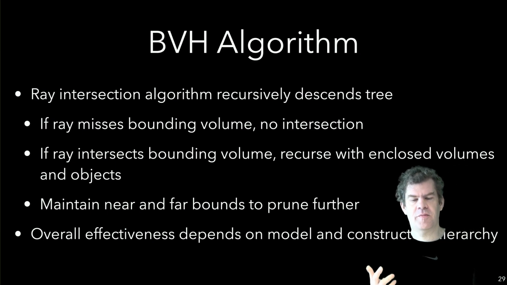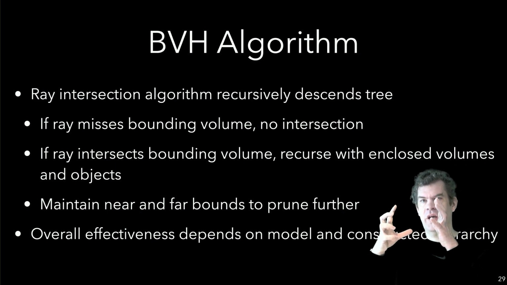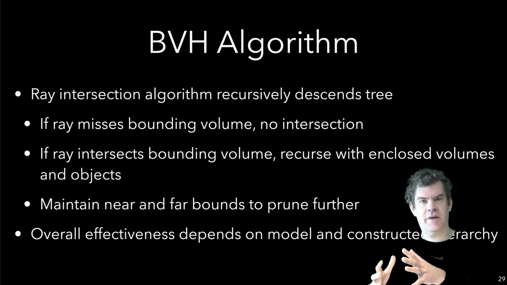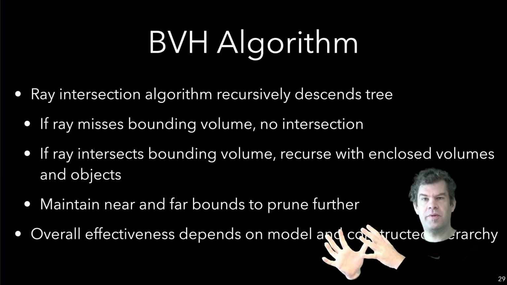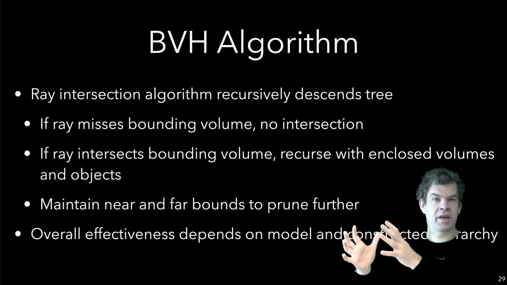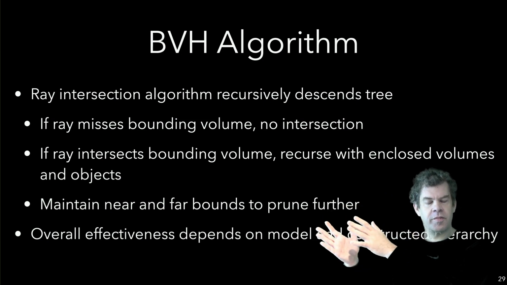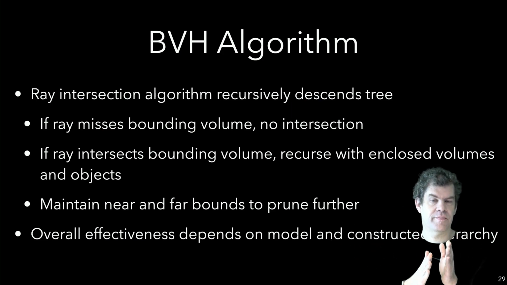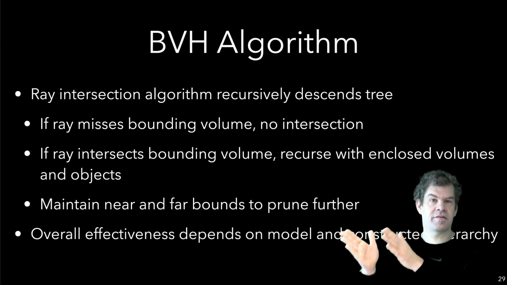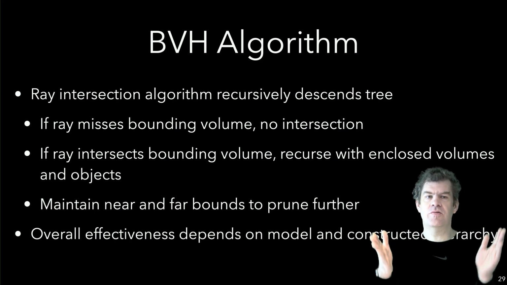So what this boils down to is, if you can compute your bounding volume hierarchy and you don't have to update it, which effectively means you need a static scene, then you can reduce the complexity from the number of pixels times the number of objects to the number of pixels times the logarithm of objects, which is a huge difference.